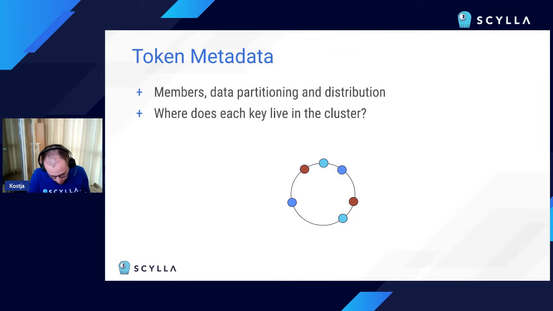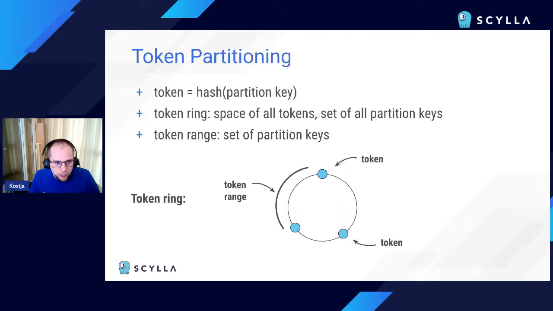So the nodes are also hashed. The hash values are also thrown at the ring, and the range between that node's hash and the previous node's hash belongs to that node. So it becomes the so-called primary range of that node. And every node in the cluster is a primary for some range, and can also be a replica, called a secondary or tertiary replica, for some other range in the cluster, depending on your replication factor.